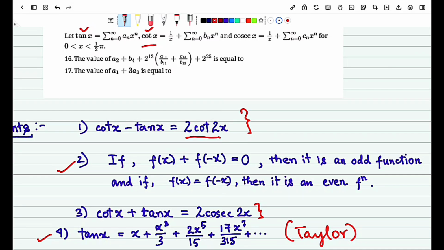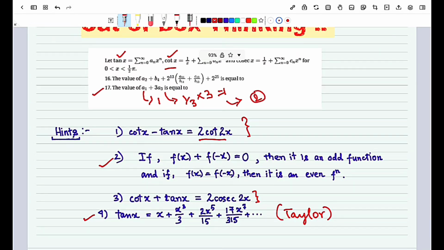So from here you can already guess the value of question number 17: a1 is equal to 1, a3 is equal to 1 by 3, so 1 by 3 times 3 is equal to 1, and you would obviously get that this is equal to 2. Our main focus right now is getting the relation between a_n, b_n and b_n, c_n.